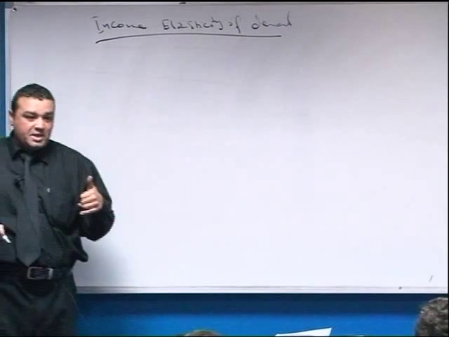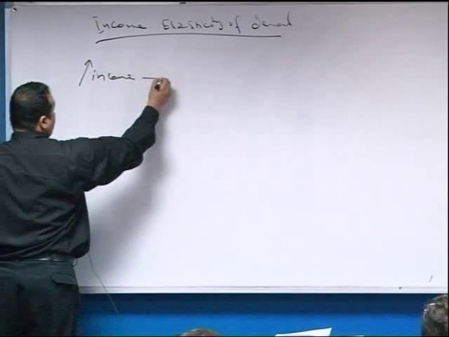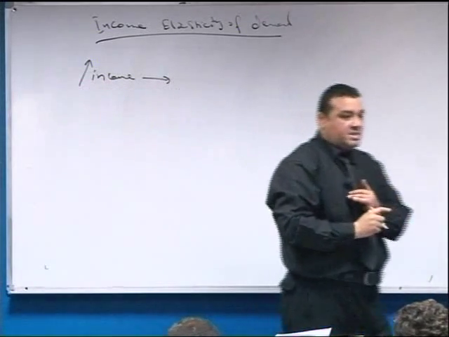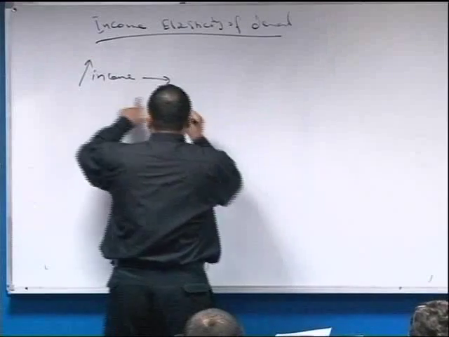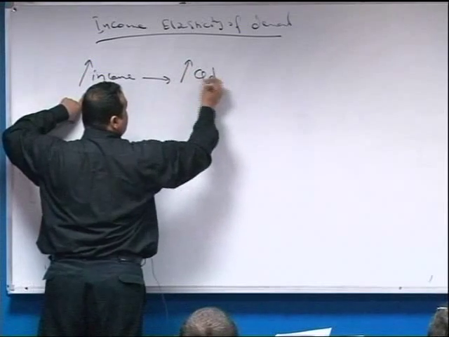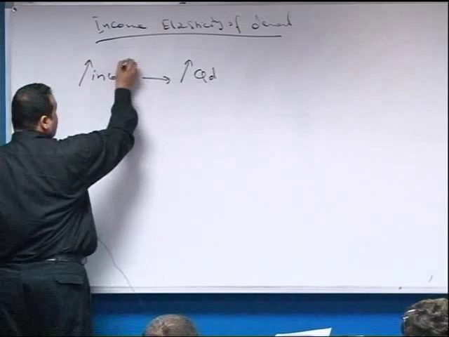If your income increased and the quantity demanded for the product increased, this means that this product is what? Normal or inferior good? When your income increased as a consumer and the quantity demanded increased, the good is normal. So it's a normal good.